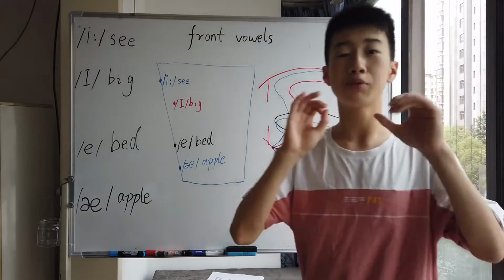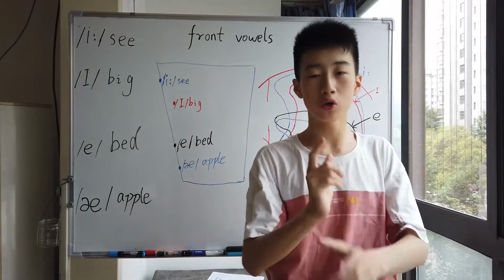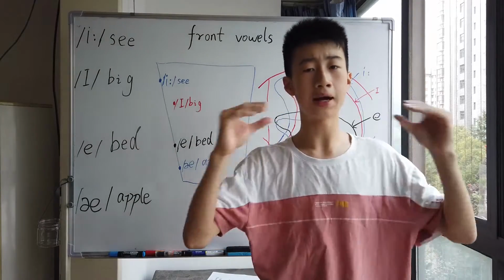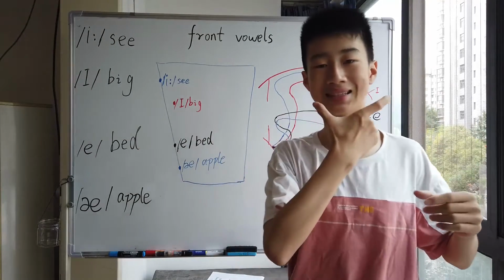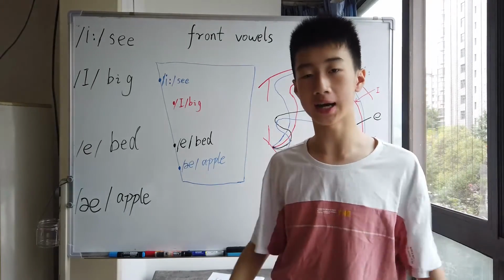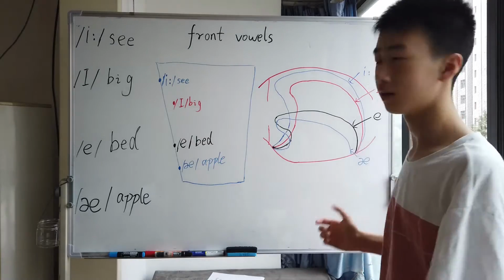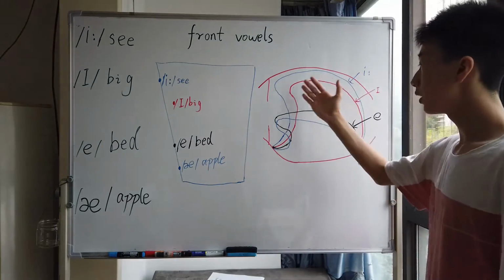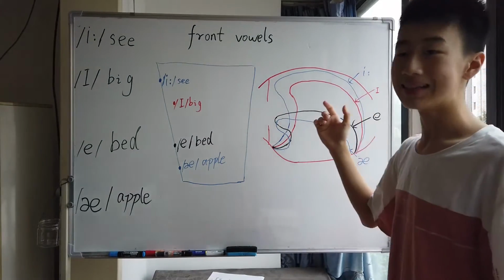Now, our lips or our mouth should really open up a lot in this direction, and these two corners should tighten up, as should the rest of the mouth. Then we would pronounce the E sound.